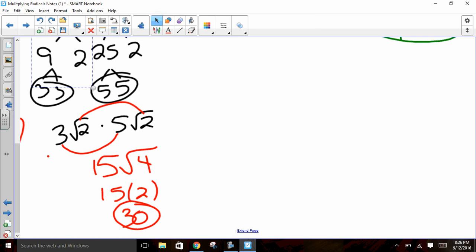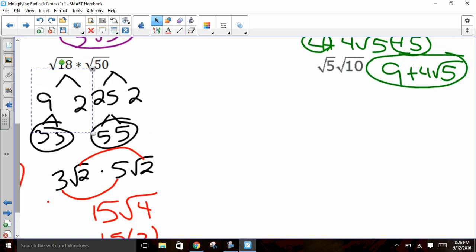Some of you might be able to guess that based on other properties of stuff, but my assumption is the majority of you will not. So I find it easier to first simplify when I can.